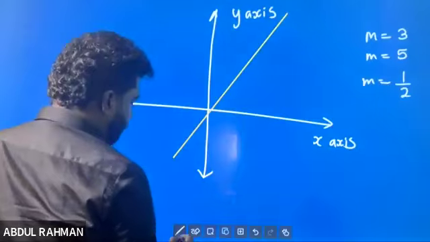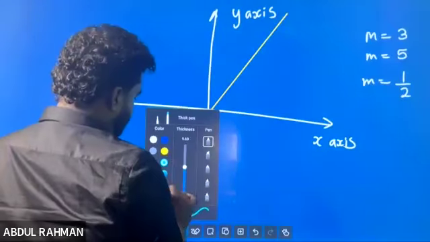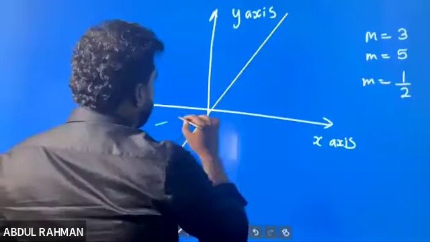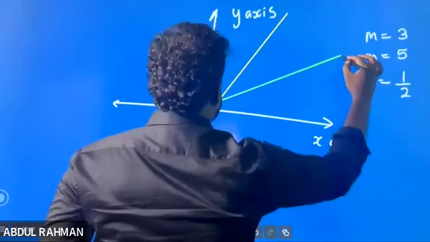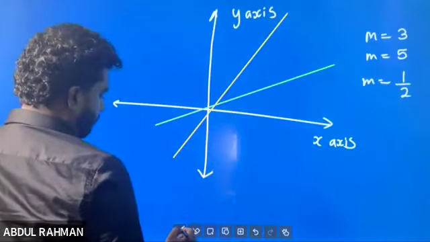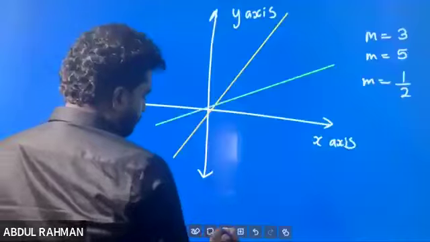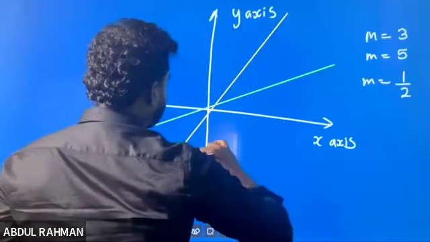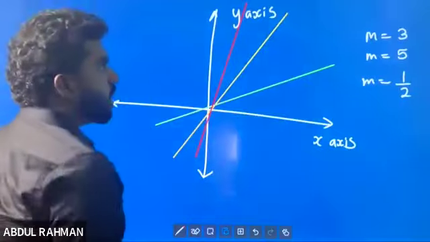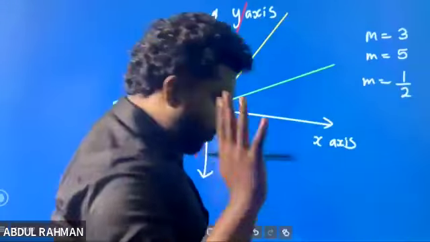I'm drawing a graph here, another graph here, and another graph here. How can you say which color has which gradient?